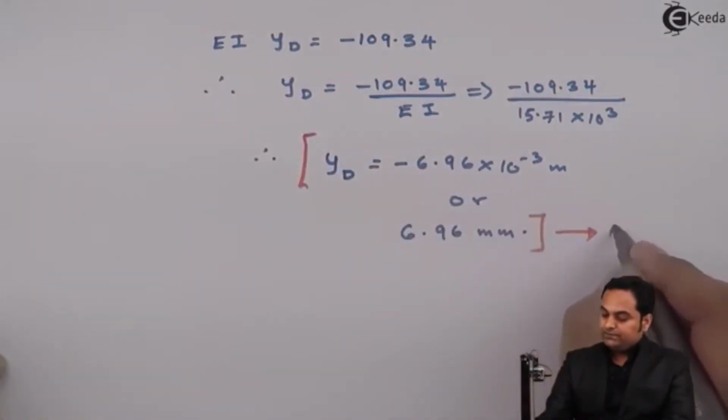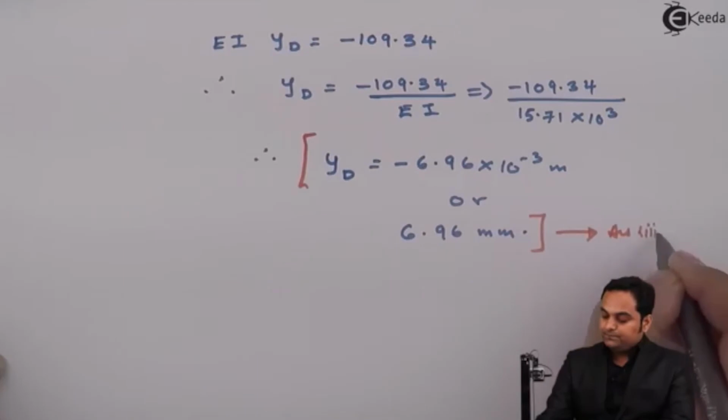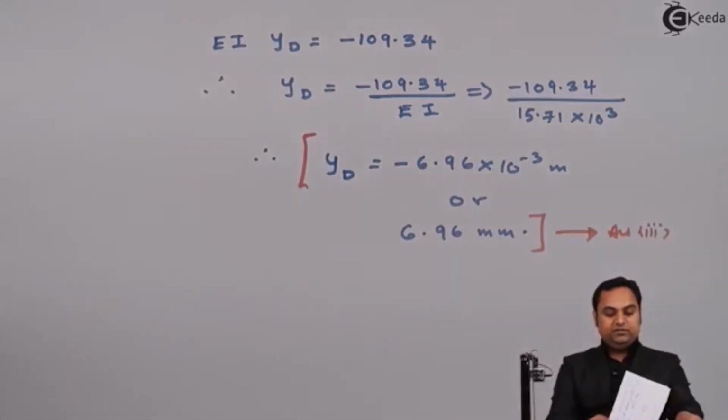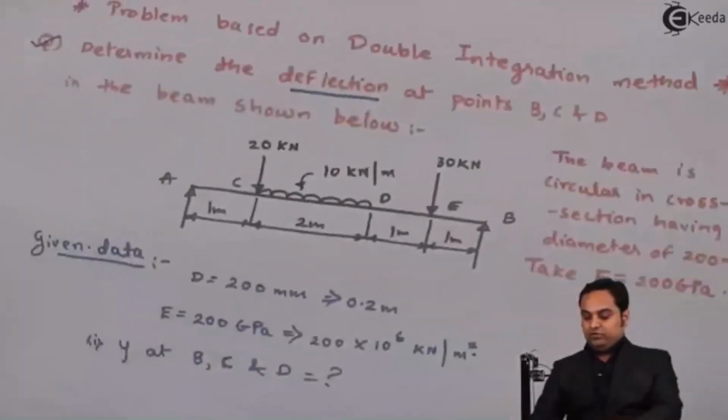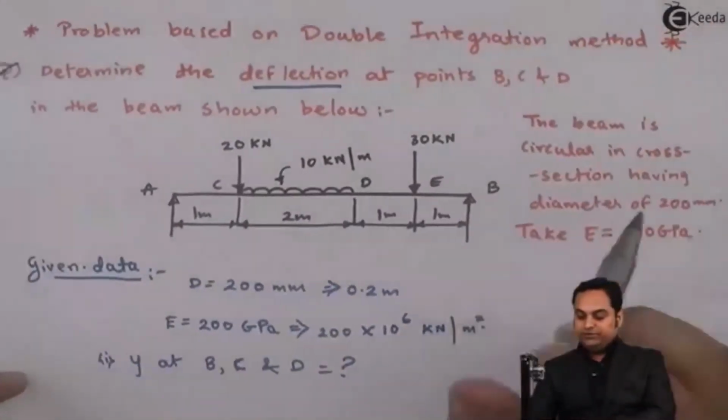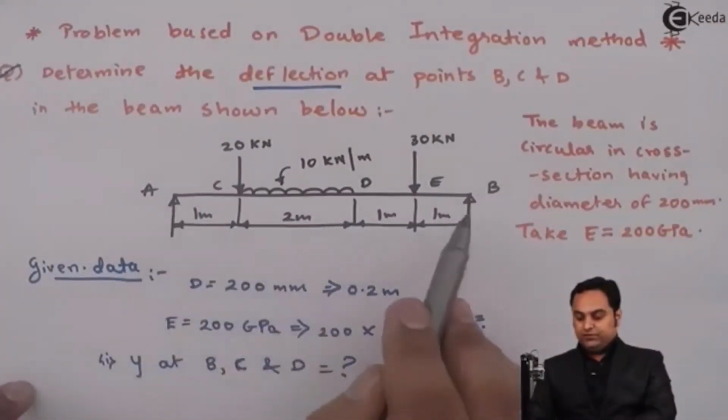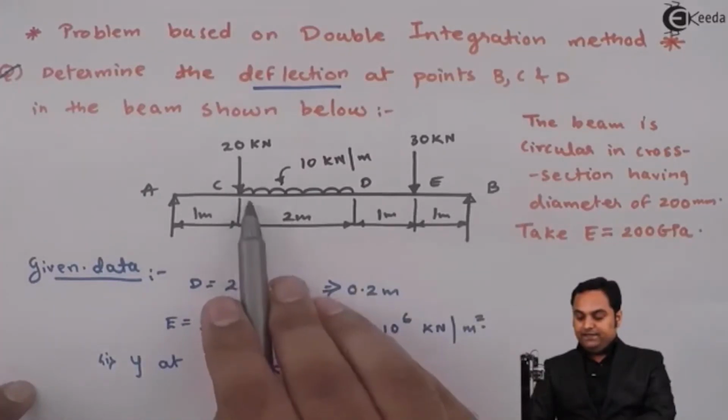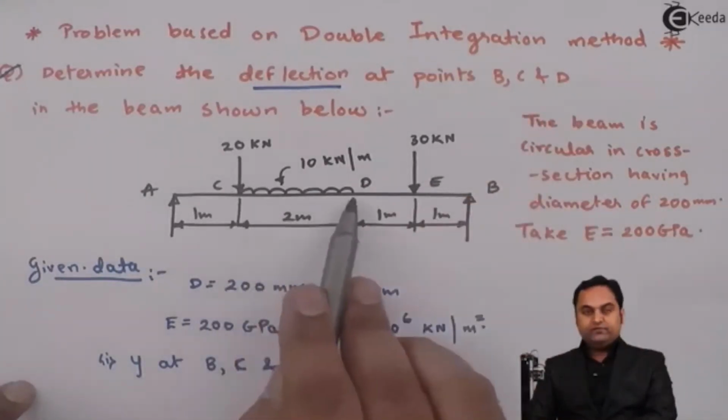So this is the third answer. Now if we see in the problem, we have found out deflections at point A, we know it is 0, at B it is 0, then at C and D also we have found out.